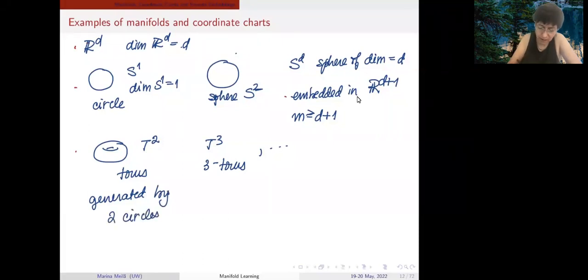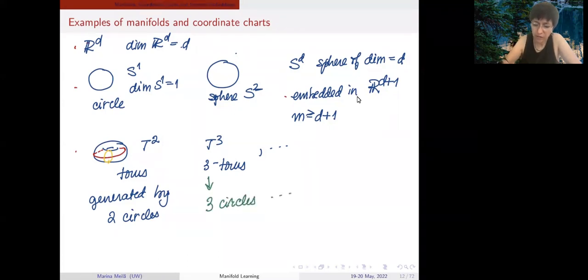One of the circles is this one, and the other is this one. These are the circles that generate the two-torus. The three-torus is generated by three circles, and so on.